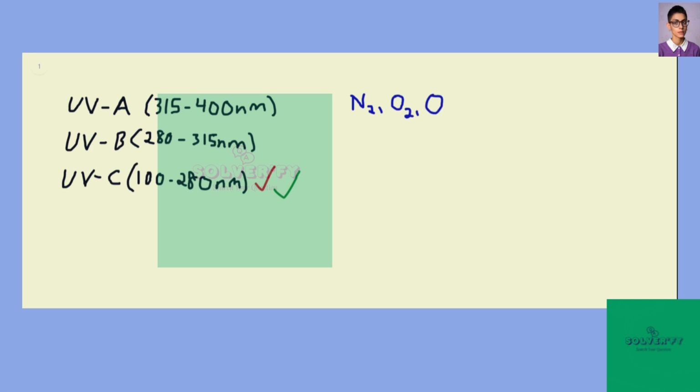Okay, so N2, O2, and O filter out less than 240 nanometers. Ozone filters out the region from 240 to 310 nanometers.